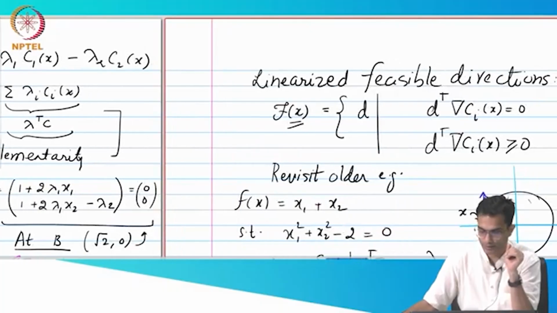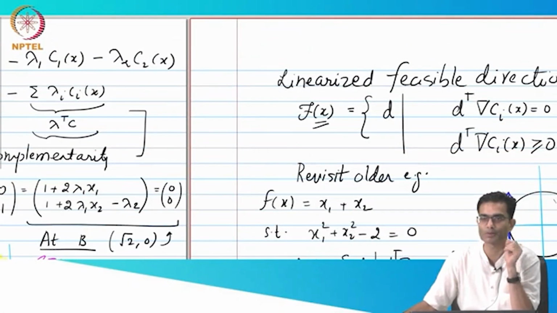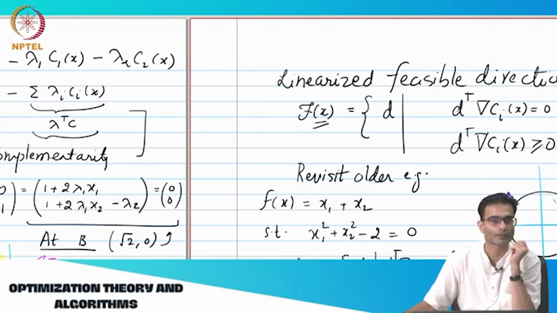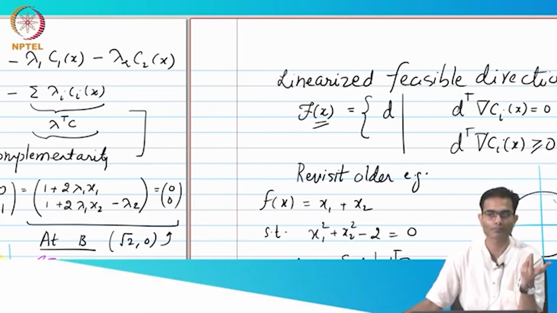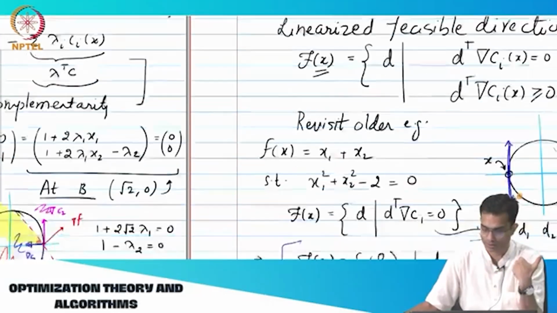The last thing that we looked at was this discrepancy between algebra and geometry. We saw that algebra gives us a set of linearized feasible directions, depending on how I wrote the specifications.